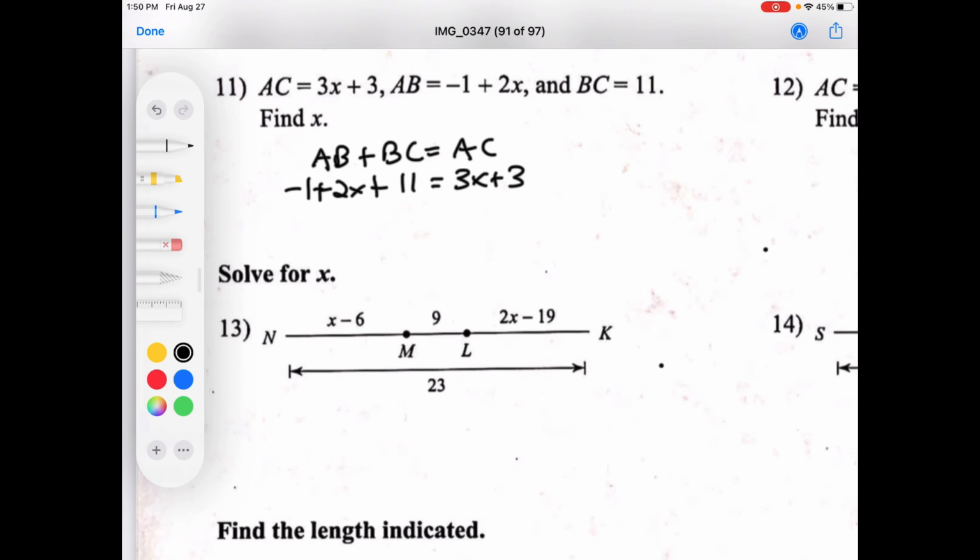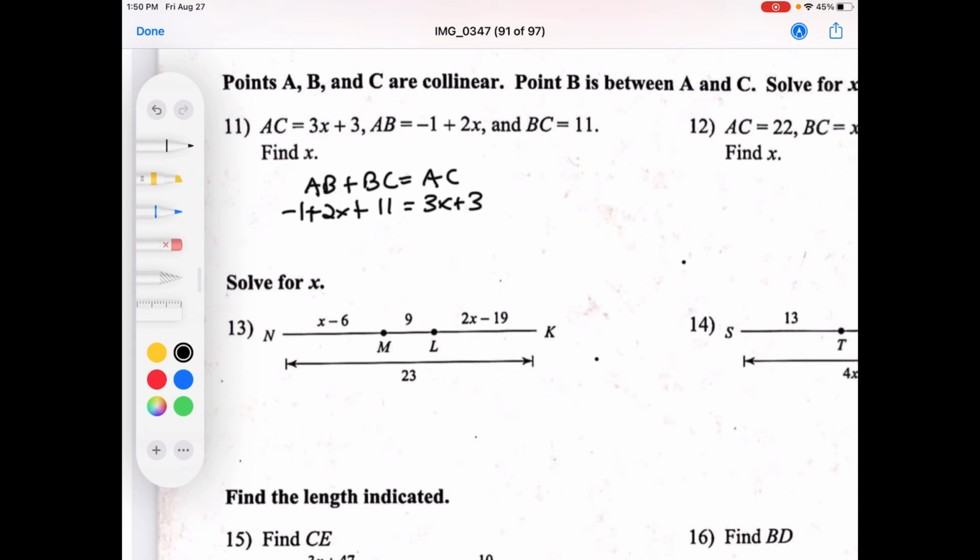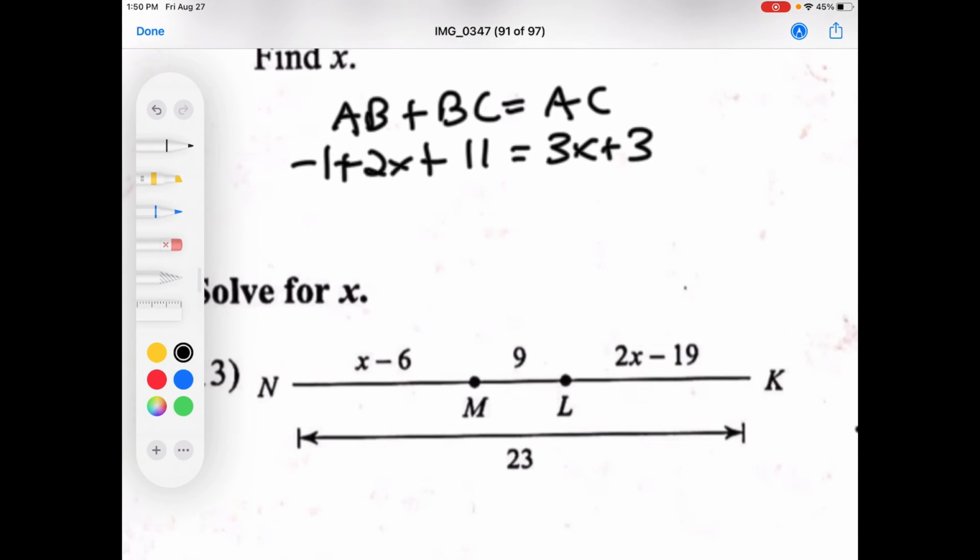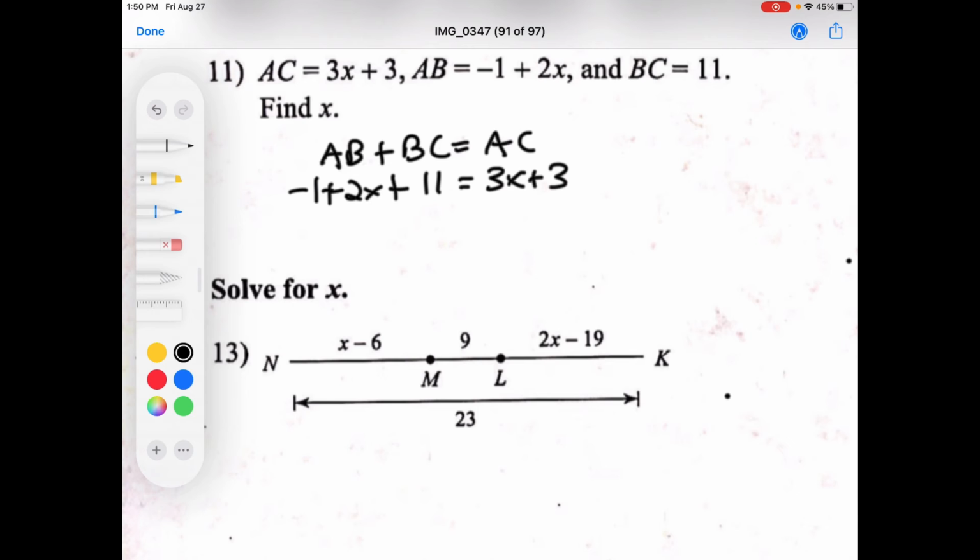And so we just have to solve for x here. If you have x terms on both sides of the equal sign, if you'll take your lowest value x term and throw it to the other side, then you'll end up with a positive. So I'll show you. We throw that over there. Let's throw this positive 3 over here and then rewrite what we have. So that 3x is still there.